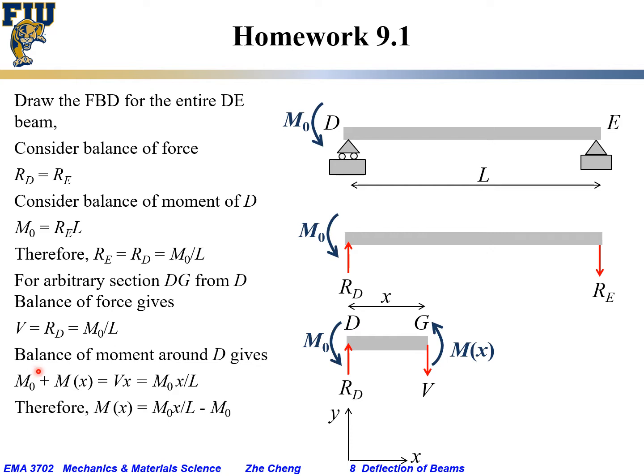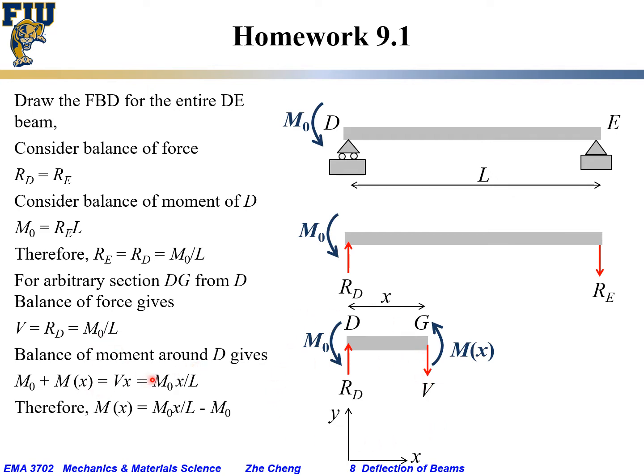On the other hand, the balance of moment around D. Of course, you can also consider around G, but let's say around D, we have M0 trying to rotate this section DG counterclockwise. Mx, we also draw this way, so around D it's also trying to rotate this section counterclockwise. So these two are trying to rotate it counterclockwise, and it's balanced by V times x, because V is trying to rotate this beam clockwise, V times x. And what is V?